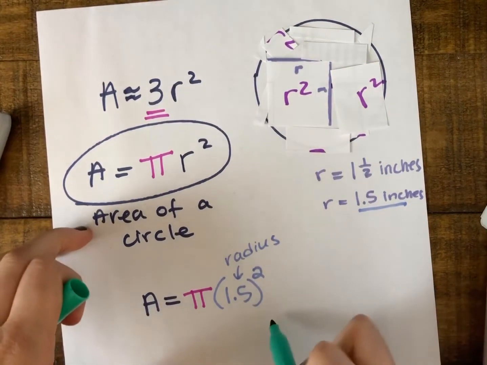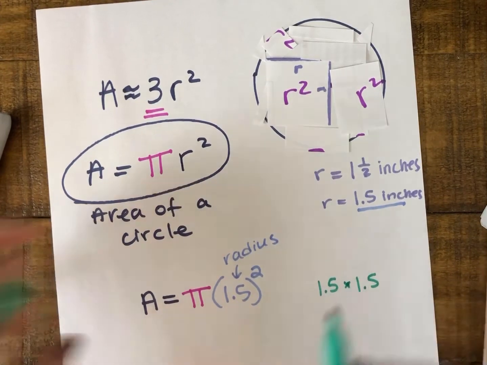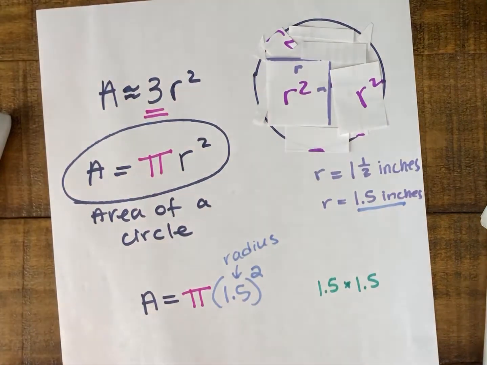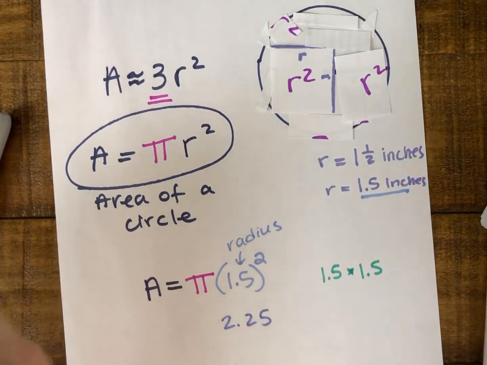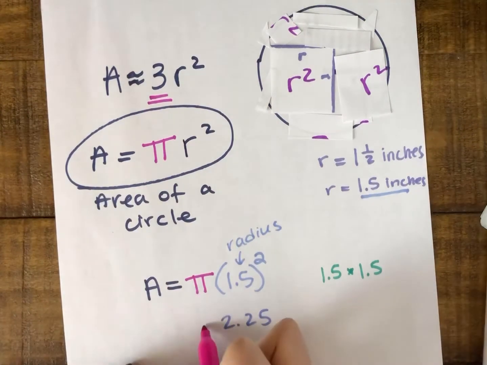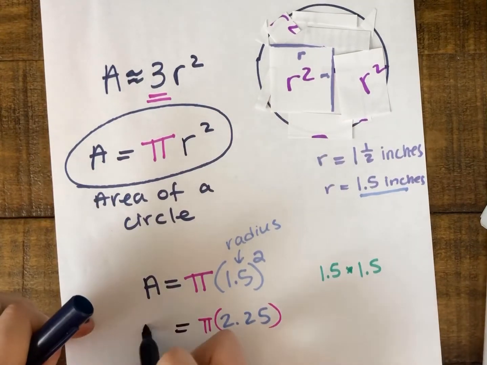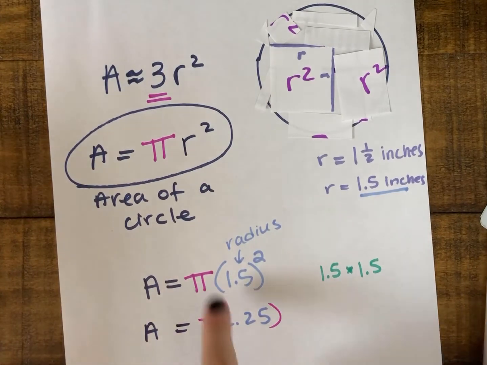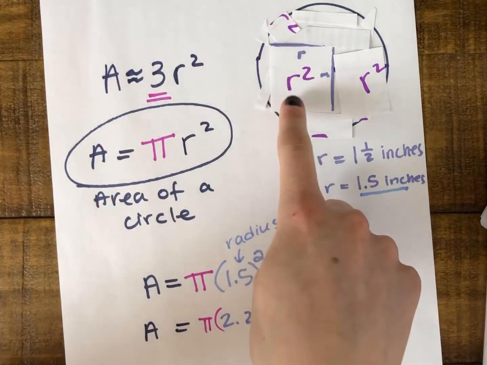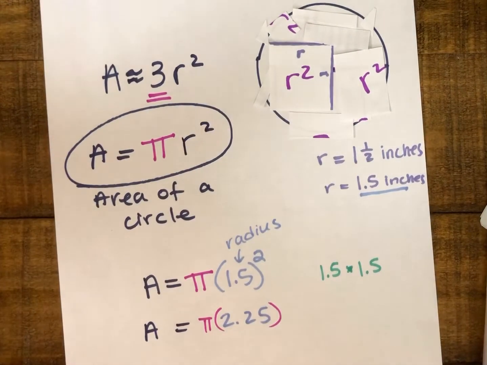So in my calculator off to the side, I'm going to do 1.5 times 1.5. And when I did that, I got 2.25 as the square of my radius. And if I multiply that by pi, that should give me the area formed by my circle. So this 2.25 is the number of square units or square inches that are encompassed in my r squared here.